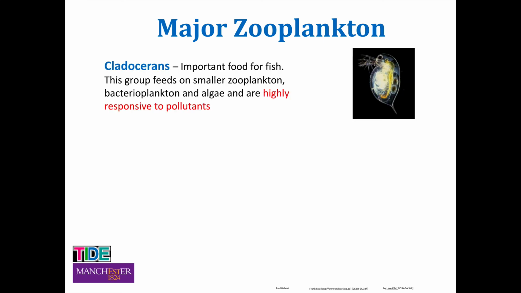Firstly, there's cladocerans, or we call them in England water fleas. You usually find them in any standing water, ponds, lakes, anywhere like that. And they're important food for fish. They feed on smaller zooplankton, some species feed on algae, and they're very highly responsive to pollutants.